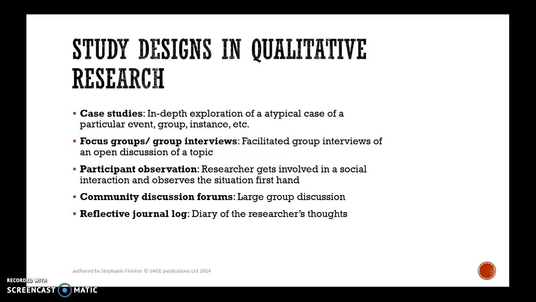In this design, you're not trying to select a random sample, but a case that can provide you with as much information as possible, and to understand the entire case. So you're going to gather all the information available to you to understand the situation entirely.